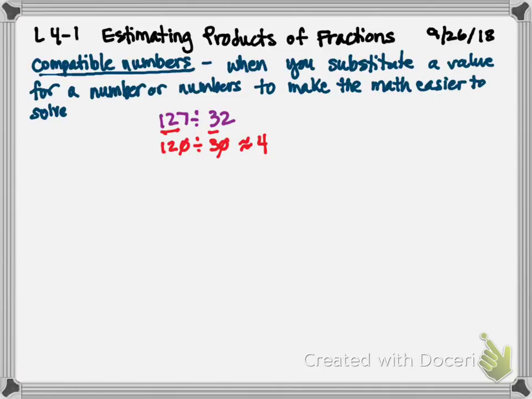That's approximately 4. Okay? So what we're going to do is talk about using compatible numbers to estimate. In fact, I'm going to give you 2 strategies. So using compatible numbers to estimate.